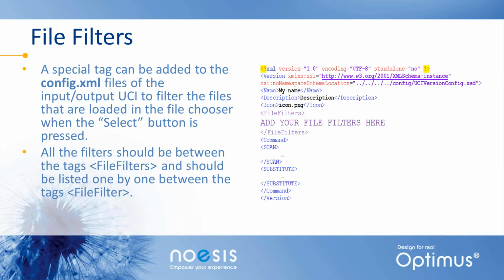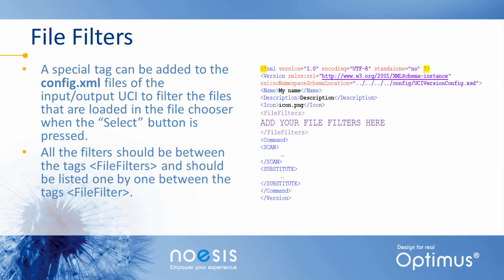Just to complete this presentation, I want to show you some extra features that you can define on both UCA or UCI. For example, on the side of file filtering, you can always define the set of files that you can import.